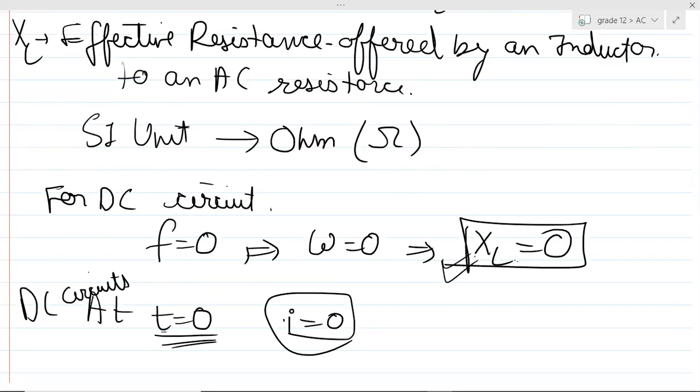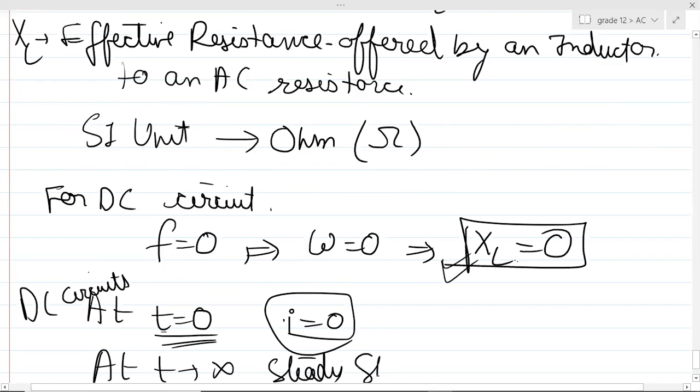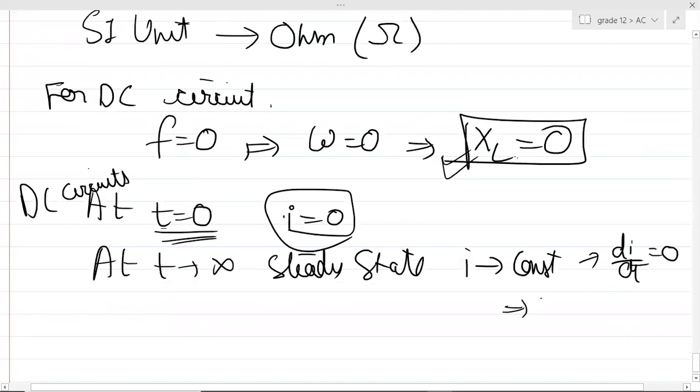So if I have DC current which is not changing, all of this is at steady state. At t tending to infinity, steady state. The current becomes constant here, and if the current becomes constant, that implies the rate of change of current is 0, and here the inductor does not play any role.